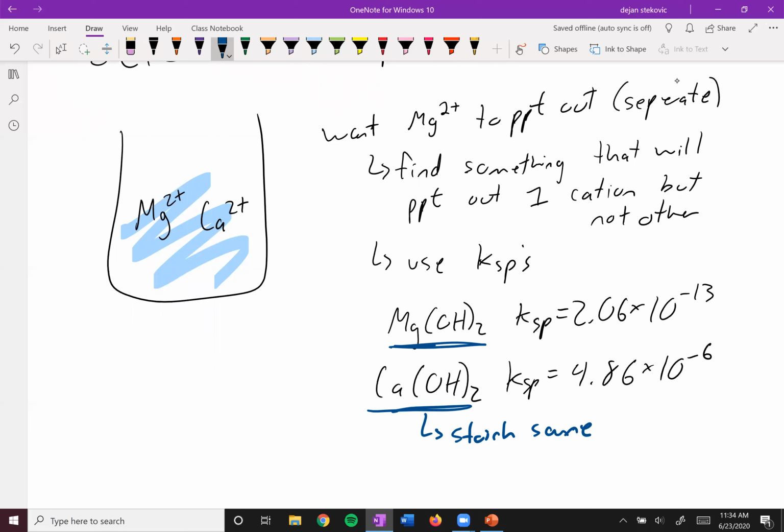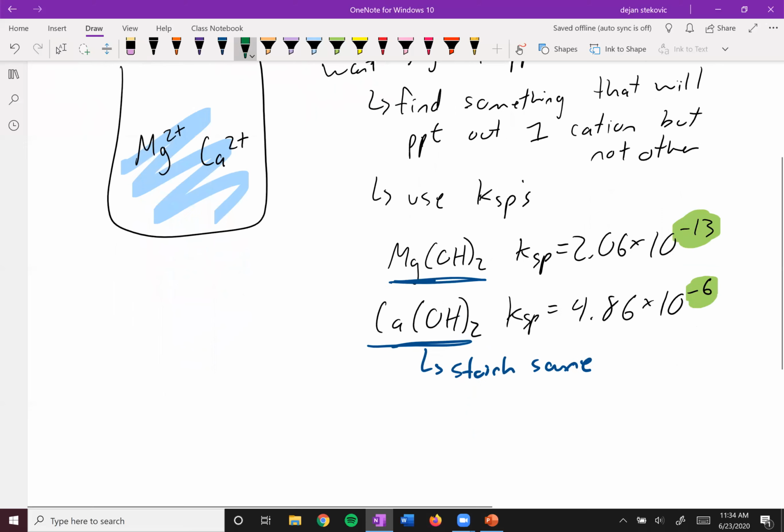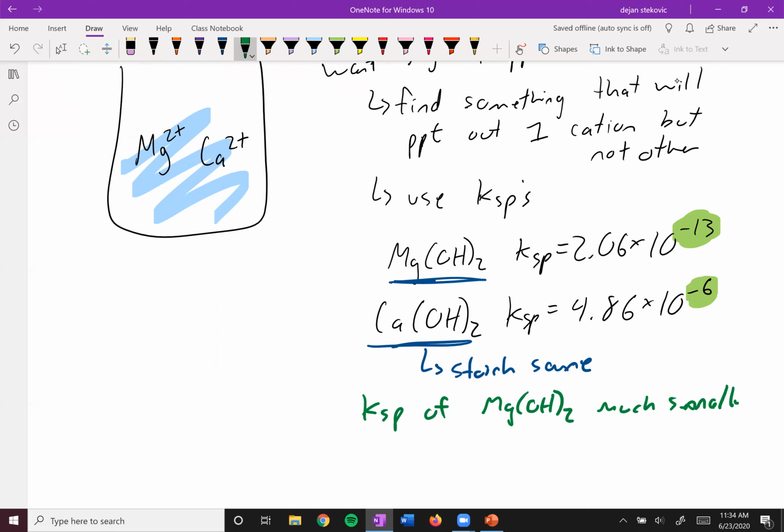We can just compare these values right away. And so we see that the solubility of magnesium hydroxide is significantly lower than that of the calcium. Right, it's much smaller.